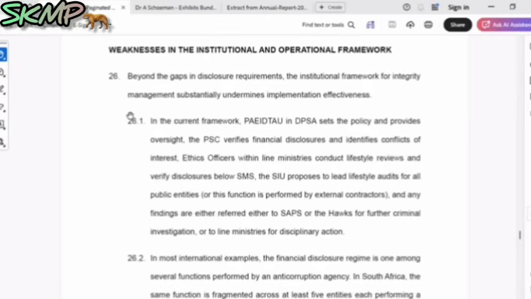Ethics officers within line ministries conduct lifestyle reviews and verify disclosures below the SMS. The SIU proposes to lead lifestyle audits for all public entities, or this function is performed by external contractors, and any findings coming out of that are then referred either to SAPS or the Hawks for further criminal investigation, or to the individual line ministry for disciplinary action.